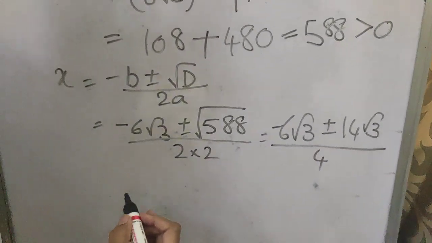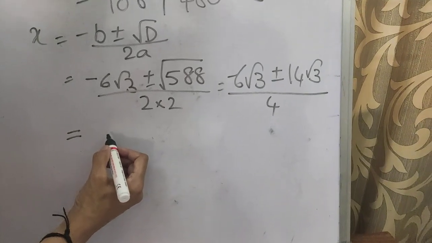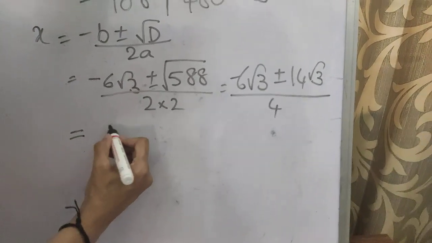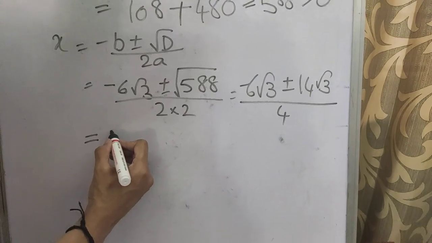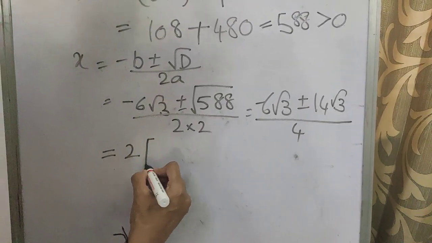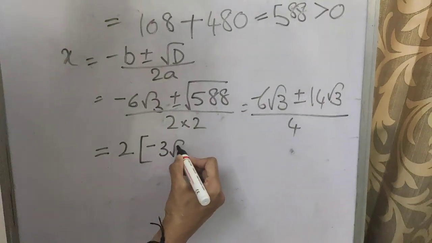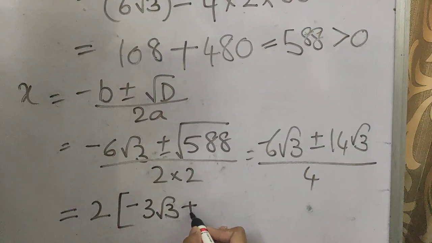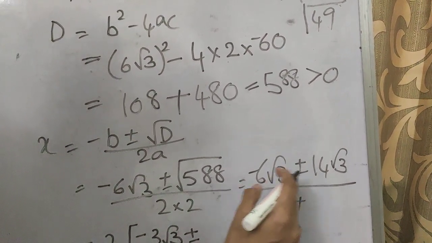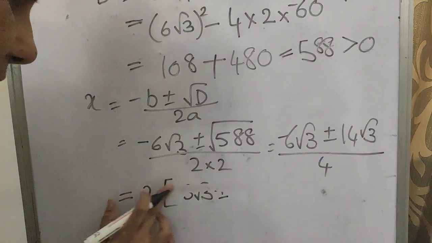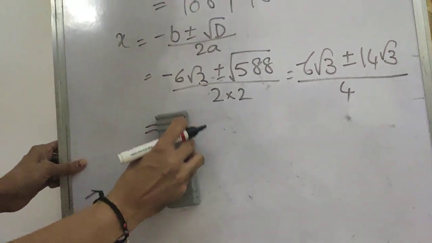Okay. Now I take out the common factor. What is common here? In 6 and 14, 2 is common, isn't it? So if I take it out, what do I get? Minus 3 root 3 plus or minus 7 root 3. Can't we add these two, children? So the values, one value, plus value let us take, the minus value let us take.